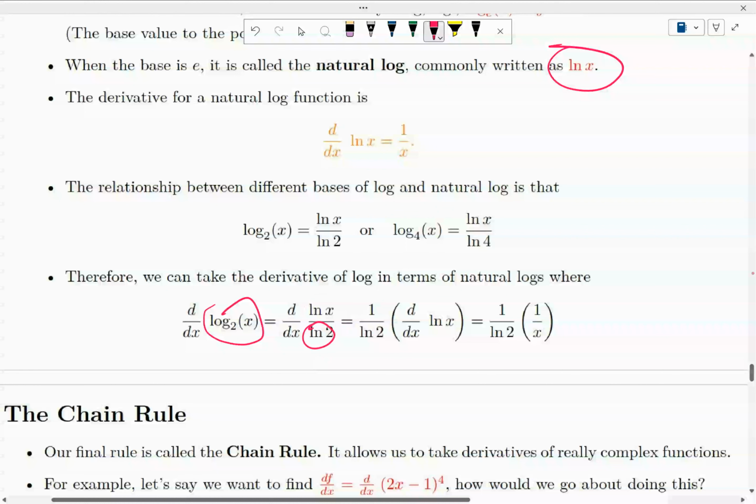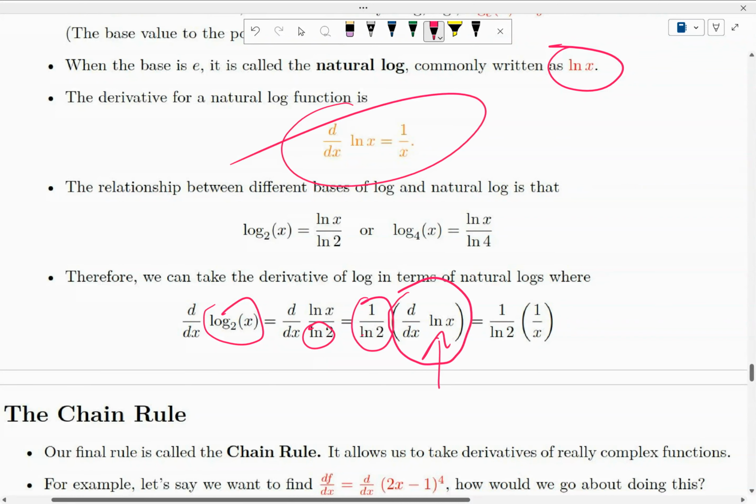And since this is just a number, in derivatives you can just move constants to the outside. So you're really just taking the derivative of log of x, which I just told you how to do. So this is how you would do it. None of these things are really hard. A couple things you need to remember, and once you get used to it, it's not that bad.